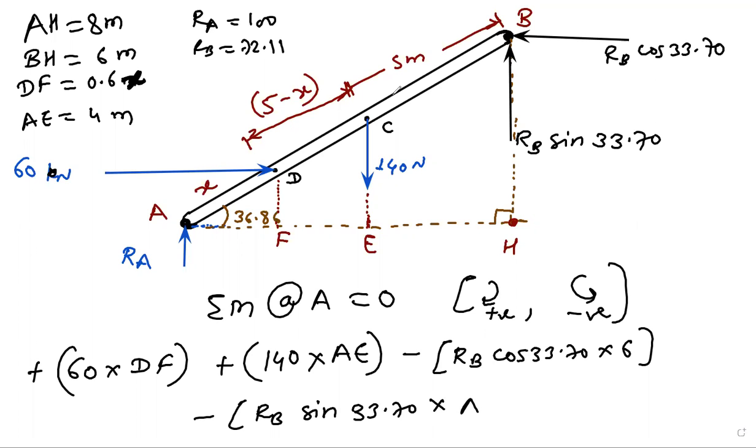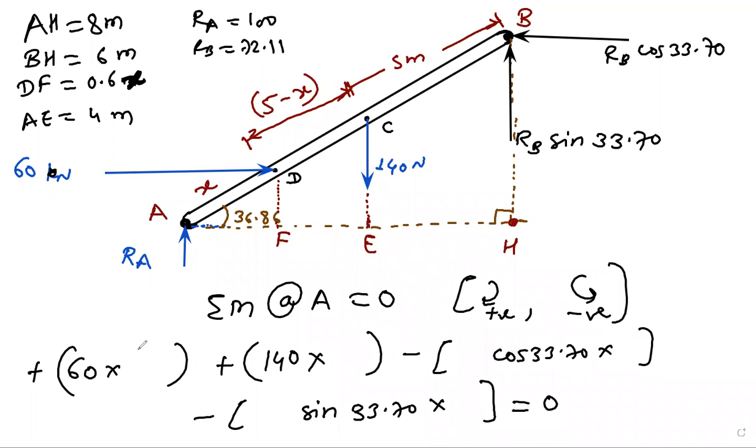DF is 0.6x. AH is 8 meter. Or you can write the word for your understanding: BH, AH is equal to 0. So put the values: DF, AE, BH, AH, RB.